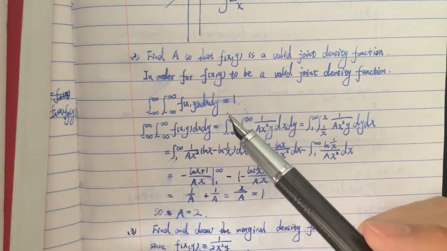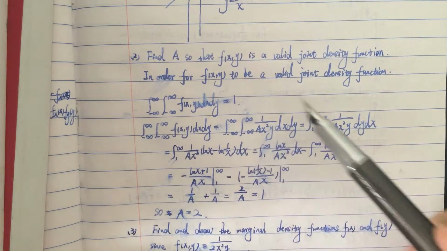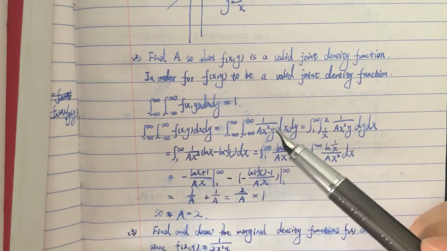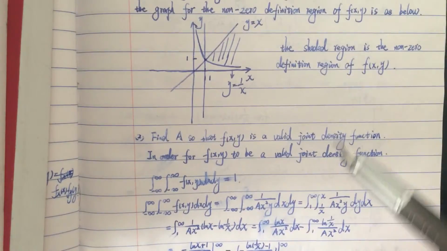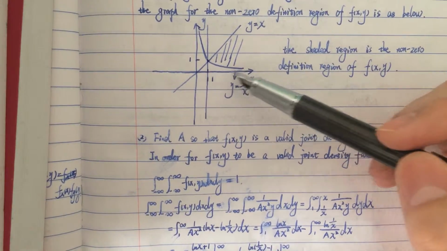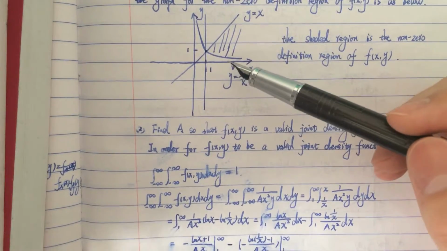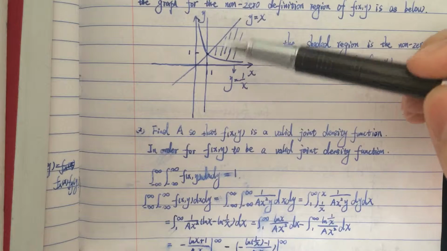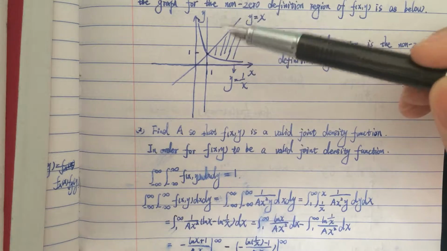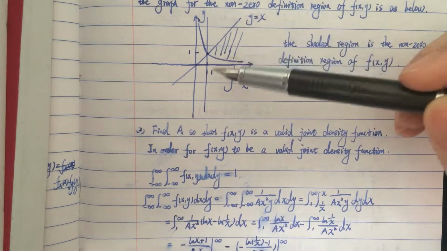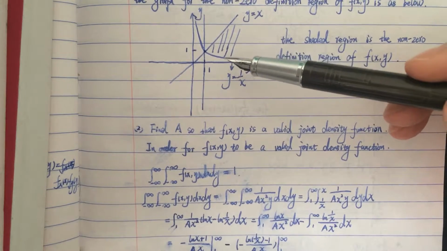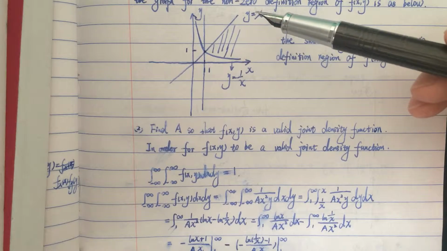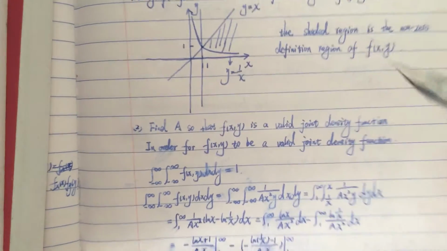This integration is like this one, and for dx, the integration is from 1 to infinity. For dy, the lower limit should be 1 over x, and the upper limit should be x.